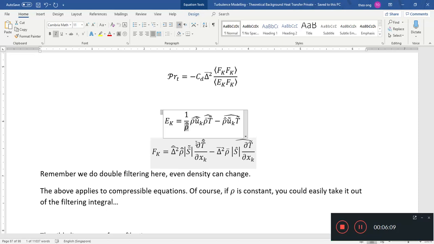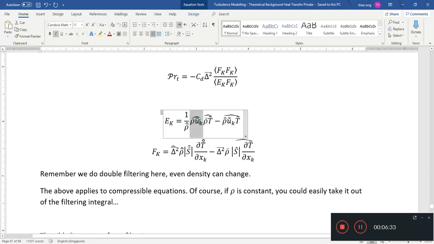It will be in the description, so look at it if you're not familiar. And you will have a singly filtered rho, then you have this U tilde. Now this U tilde is a slightly different form of the filter, which I'll get to in a bit.